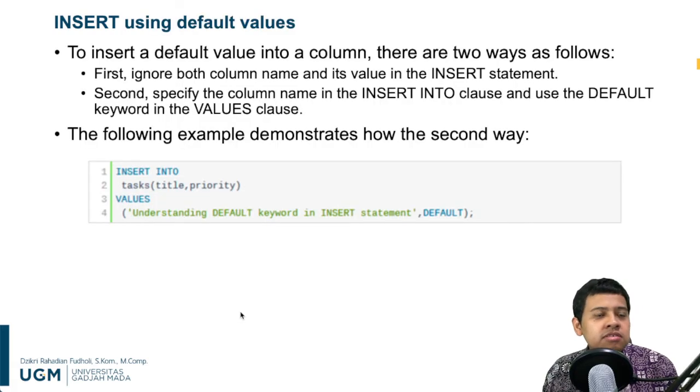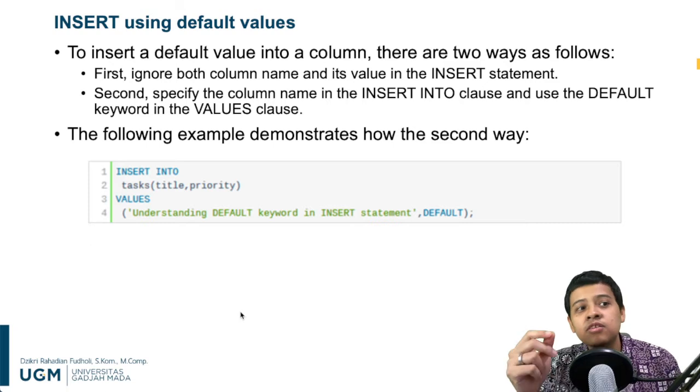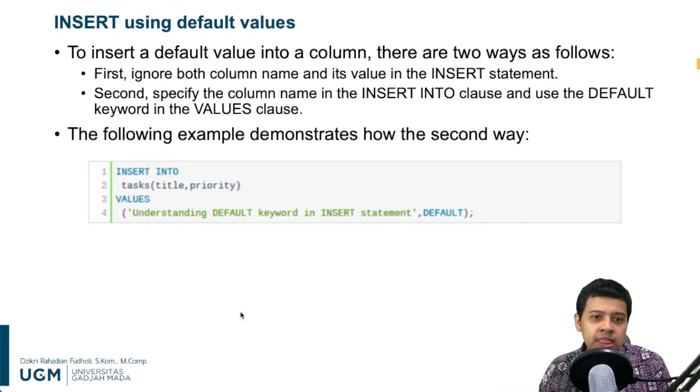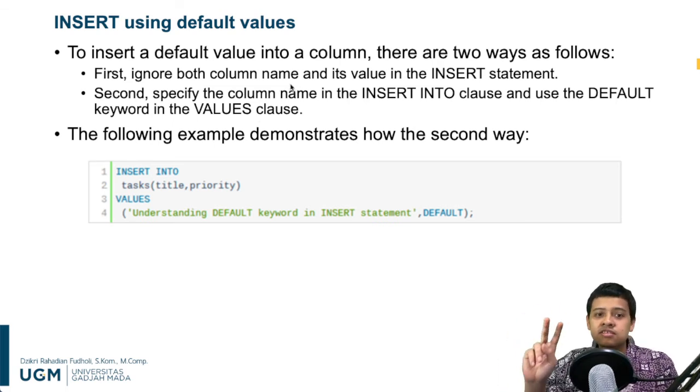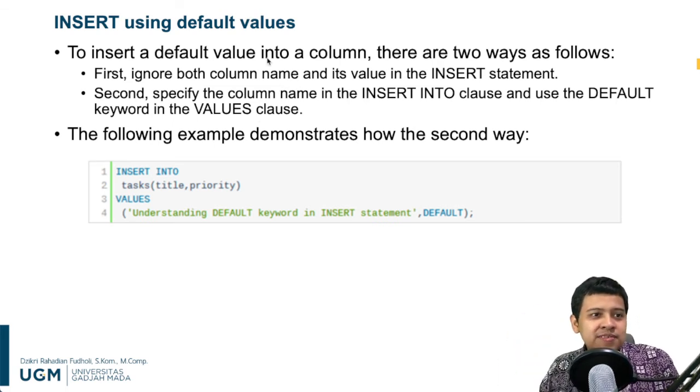Okay, let's continue. If you want to insert using a default value, we already know from previous videos that there are some default values, and to insert a default value into a column there are two ways as follows. The first is to ignore both the column name and its value in the insert statement.